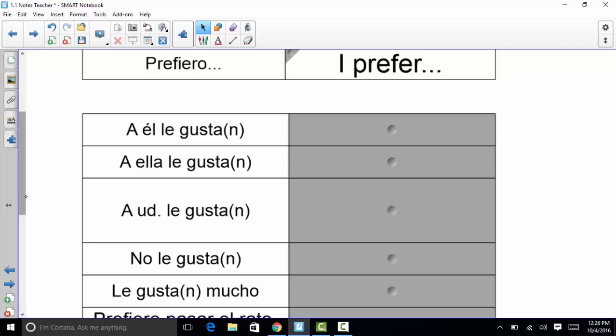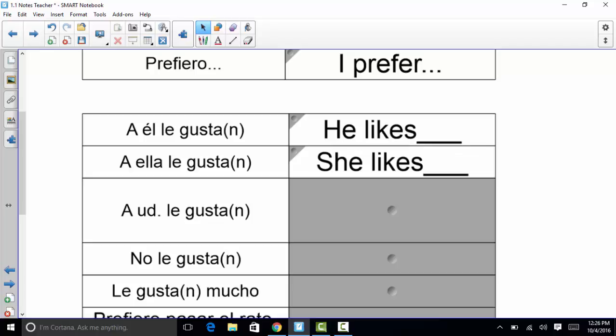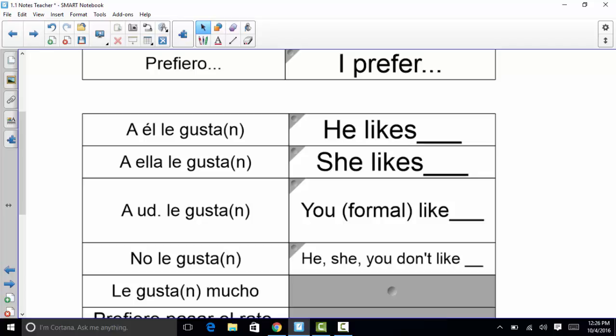Okay, now to talk about what other people like or don't like. You have a él le gusta, he likes. A ella le gusta, she likes. A usted le gusta would be you formal like. No le gusta would be he, she, or you don't like.